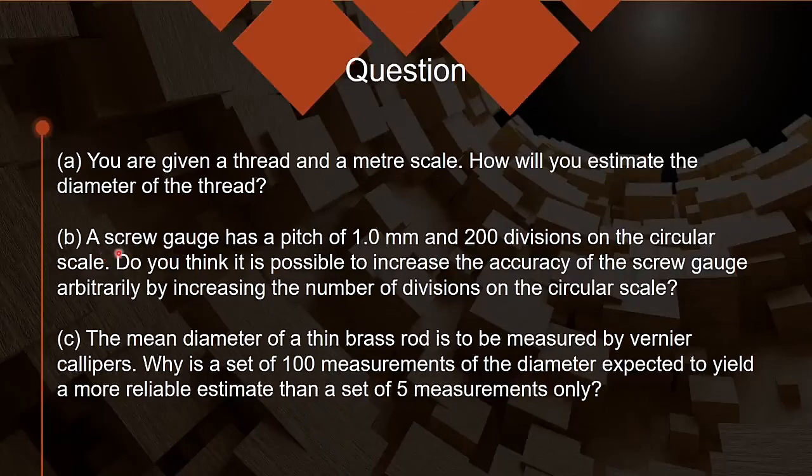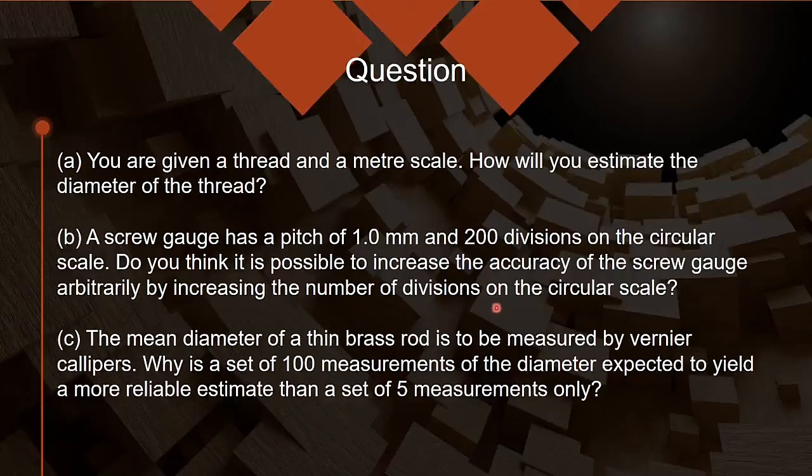Similarly, if you are given a screw gauge with a pitch of 1 millimeter and 200 divisions. In the lab, generally we have 100 divisions. Even with 100 divisions, we give you a magnifier to take the reading. Now if the number of divisions is 200, they will be very close to each other. Is it possible to increase the accuracy of the screw gauge by increasing the number of divisions on the circular scale?